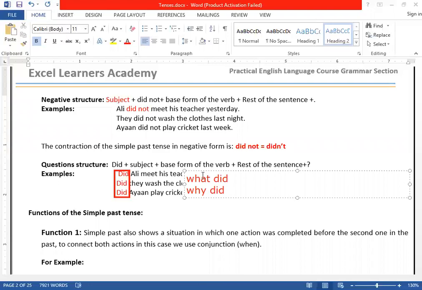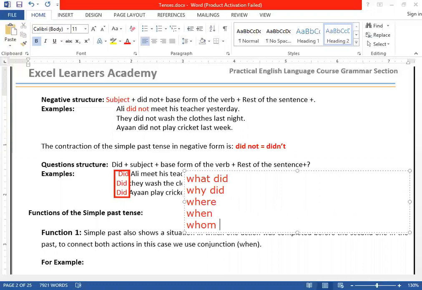He can ask you, where did you study English? When did you study English? Why did you study English? Whom did you study English? How long did you study English? Can you see? After all these information question words, he can ask you with did.